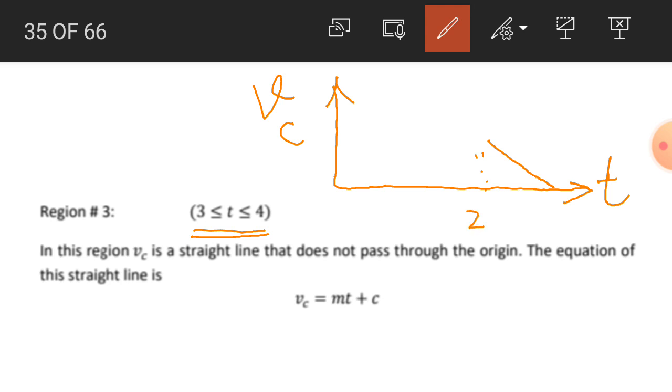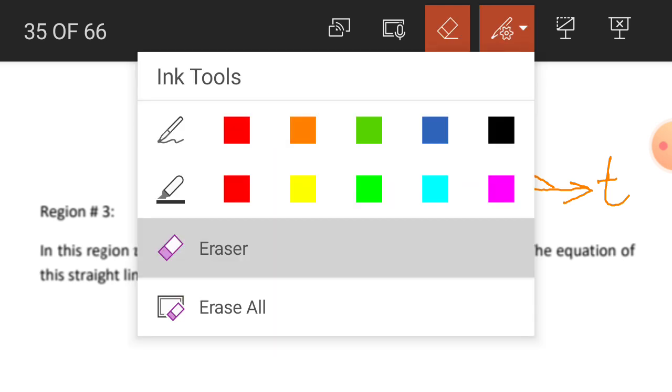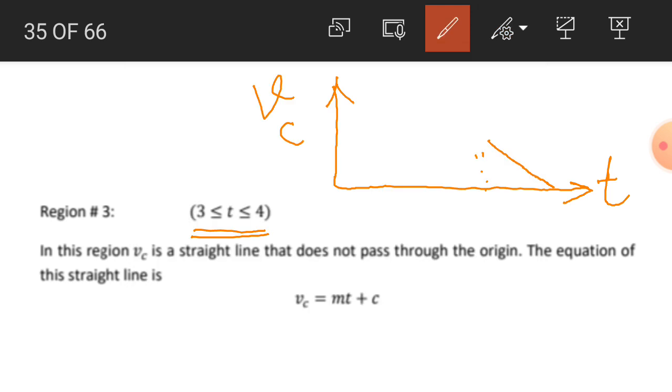The time is 3 over here, and the voltage is 2 volt at this particular point.